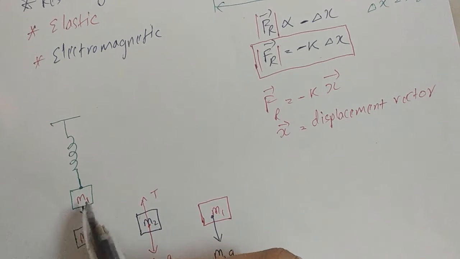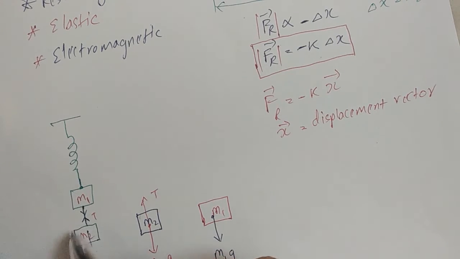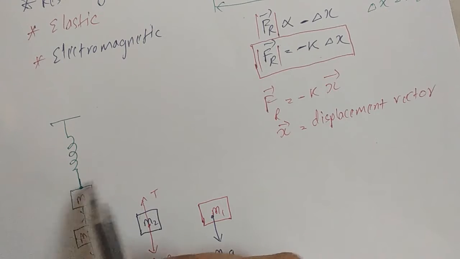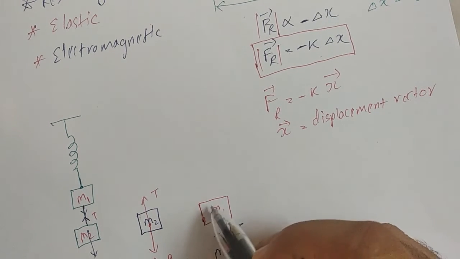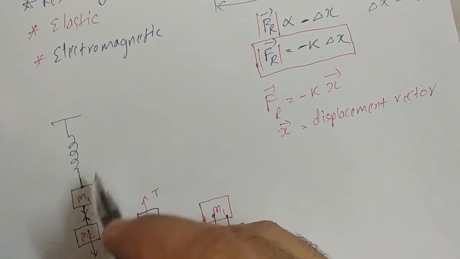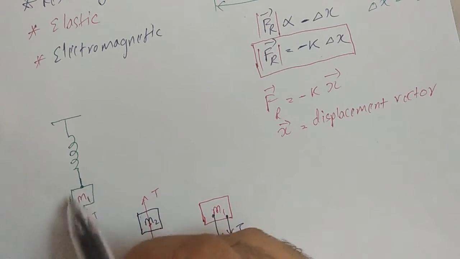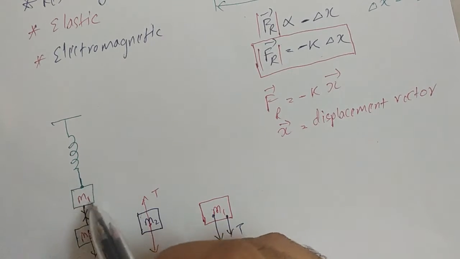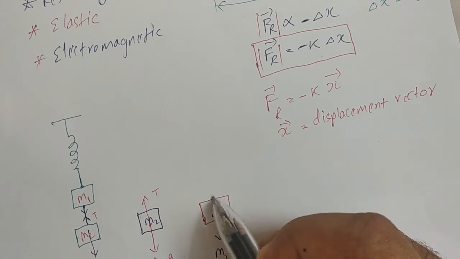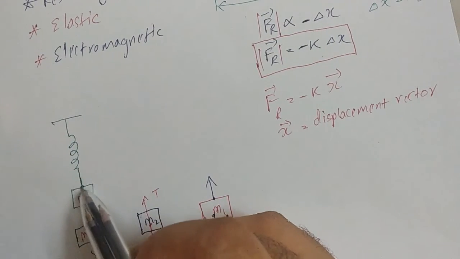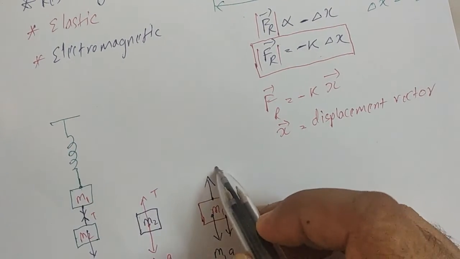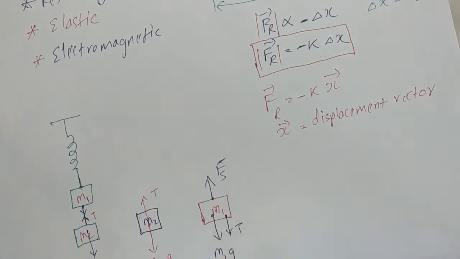Also, the tension developed due to the presence of this string would be acting on the block such that it will try to pull the block in this direction, and the spring has to carry the weight of this block. So the weight of this block is acting in this direction, and the restoring force developed on the spring would be in this direction, such that it is equal to Fs.